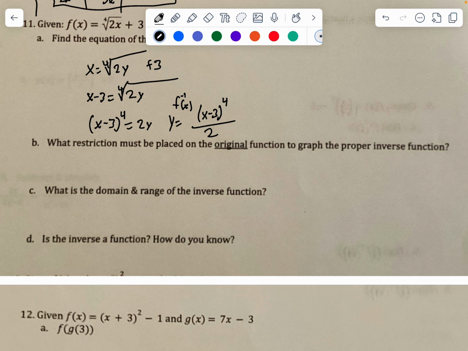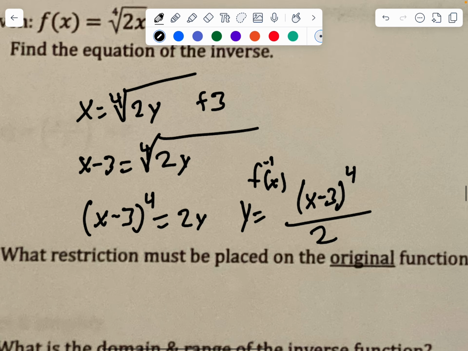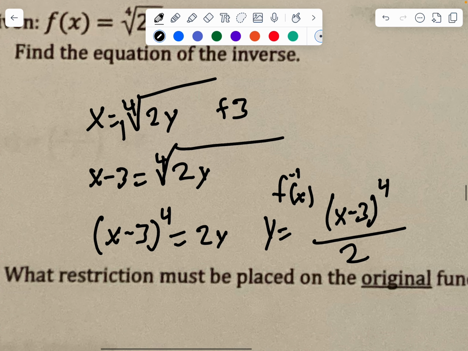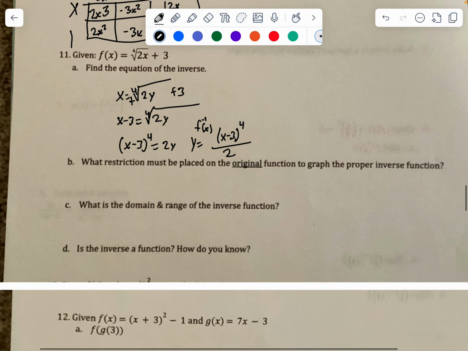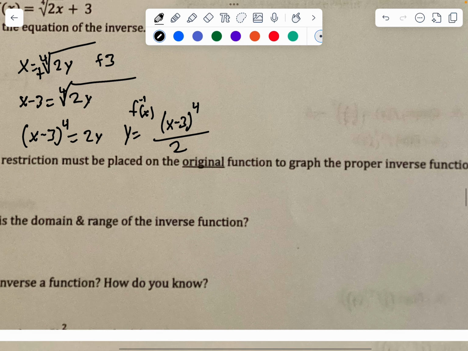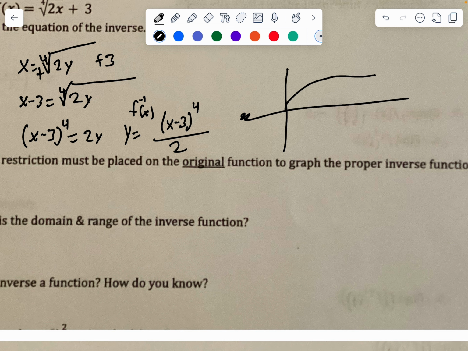What restriction must be placed on it? So this is a positive fourth root. Otherwise, it would have a negative sign out if it was negative. So if we graph the actual function, it's going to look like this or something. So the actual function, or inverse, has to look like this.